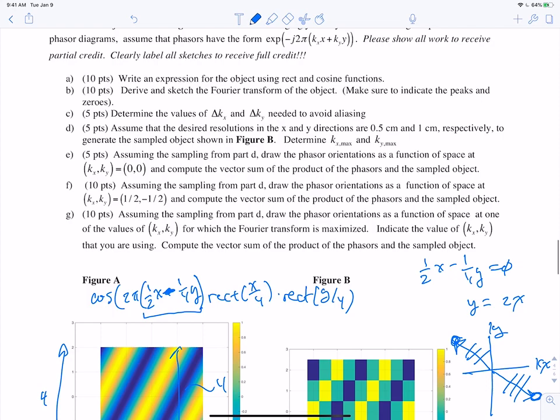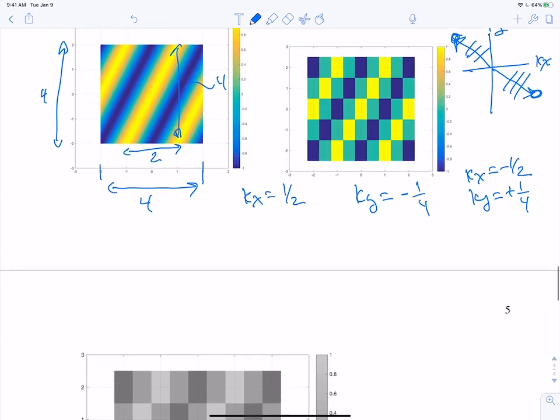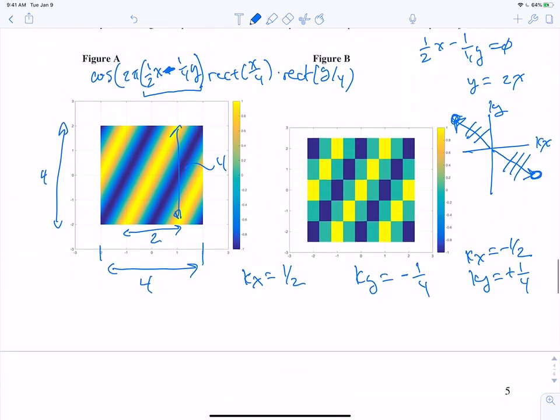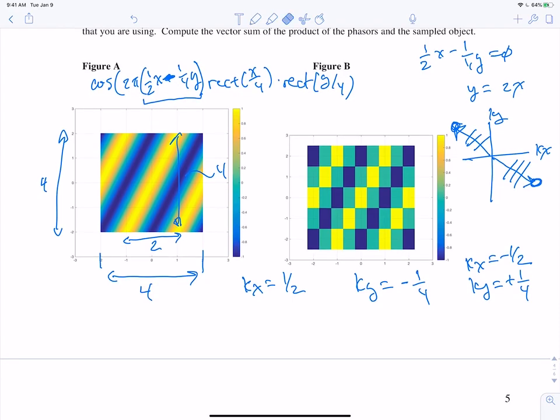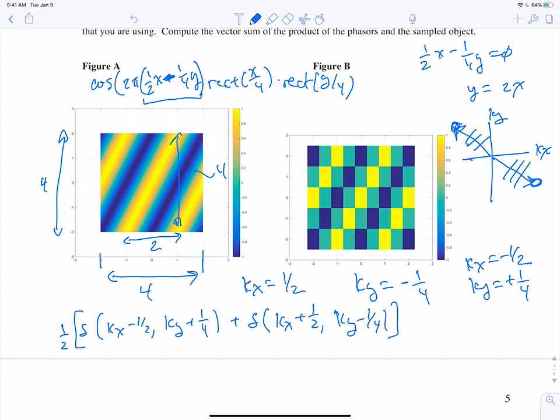Okay. Derive and sketch the Fourier transform of the object. So we know that we're going to have 1/2 delta of kx minus 1/2, ky plus 1/4, plus delta kx plus 1/2, ky minus 1/4, okay?